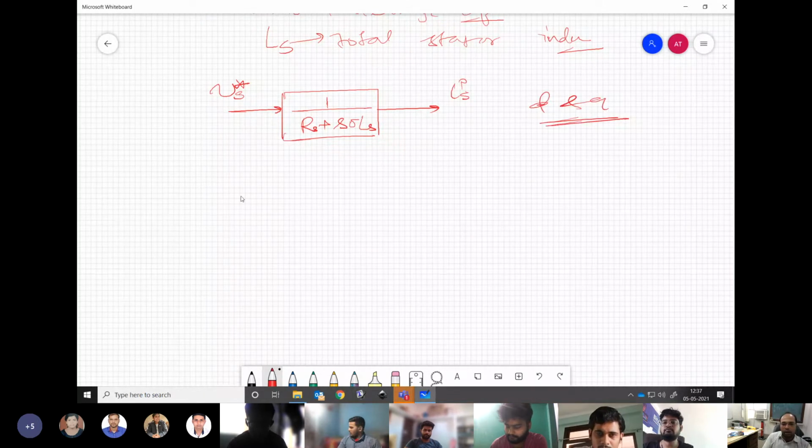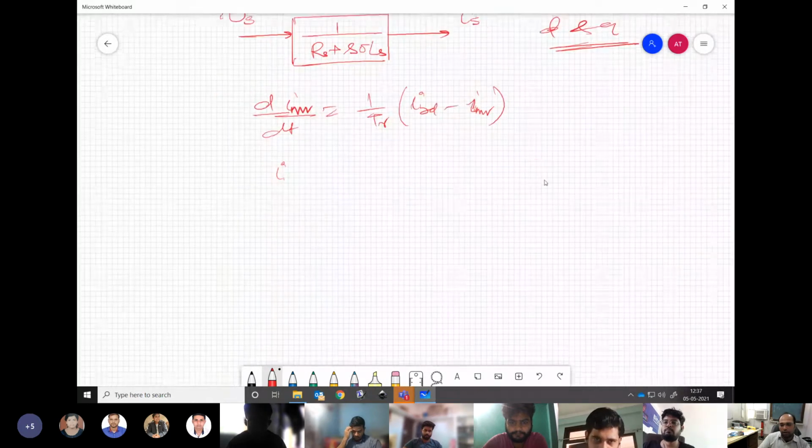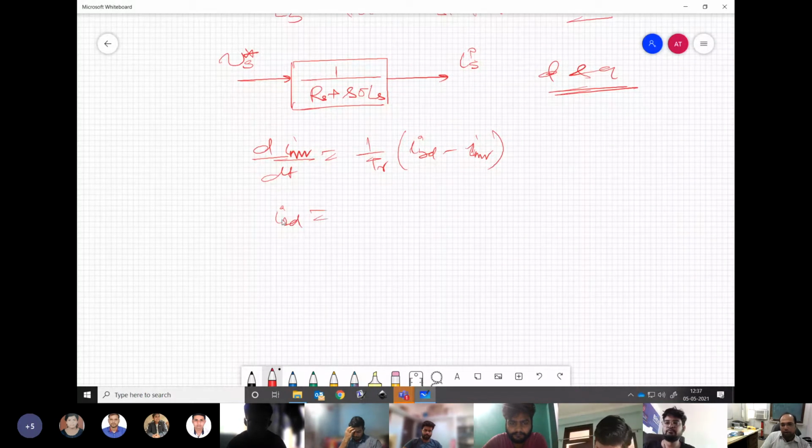Now coming to the IMR equation, we have seen that the IMR equation is written as this. Correct? This is the equation for IMR, right? Now, if you rearrange, similar to how you are writing this voltage equation here, you can write here: ISD, which is kind of input, is equal to IMR plus 1 by TR times d by dt of IMR.